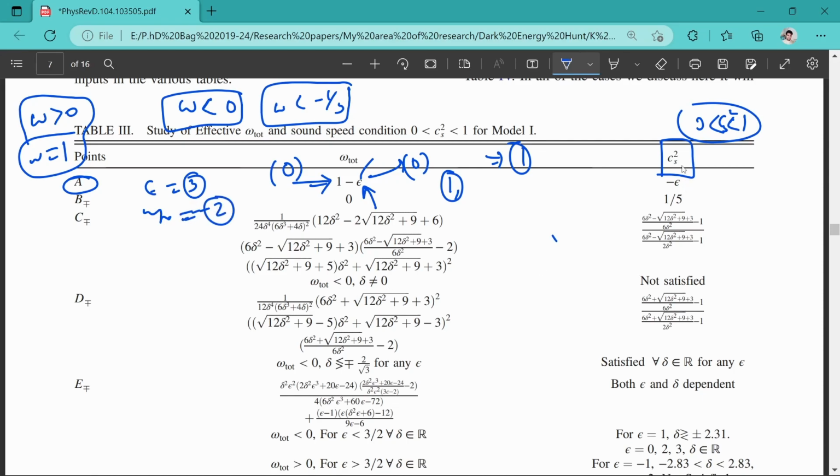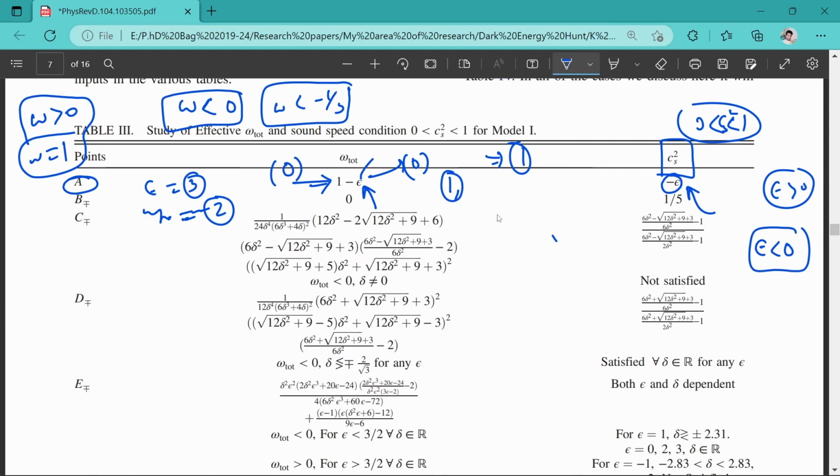But here is the glitch: cs squared is minus epsilon. So if you take any positive value for epsilon, then cs squared will become negative, and since the sound speed squared is negative, this theory cannot hold good. But it will be very interesting to see that epsilon can be negative.